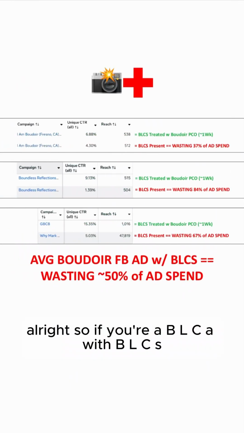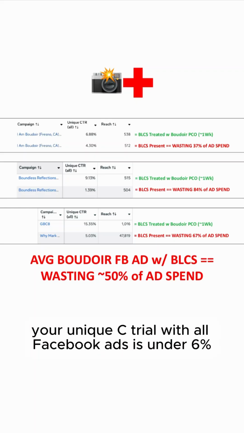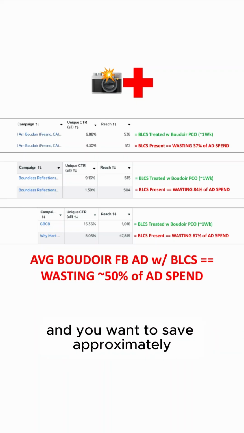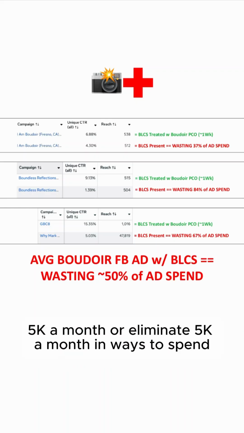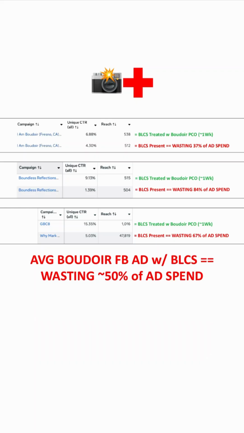All right, so if you're a BLCA with BLCS, so Boudoir low click advertiser with Boudoir low click syndrome, your unique CTR on Boudoir Facebook ads is under 6%, and you're spending more than 10 grand a month in Boudoir Facebook ads, want to save approximately 5K a month, or eliminate 5K a month in wasted spend, pocket that instead, and actually keep, on average, that'd be like 60K over the next 12 months. Keep that in your pocket.